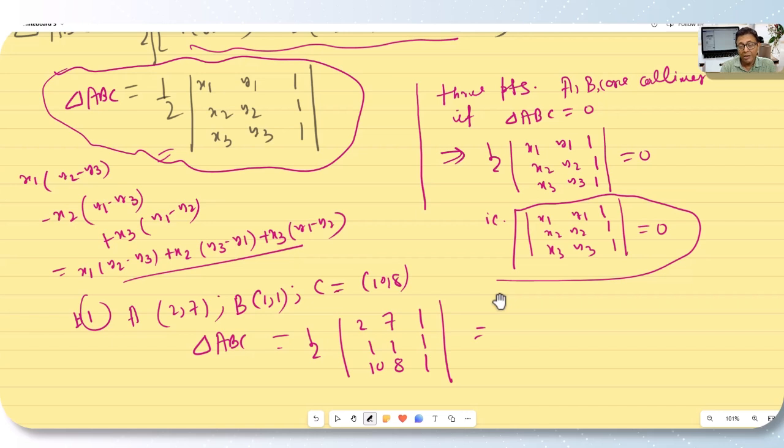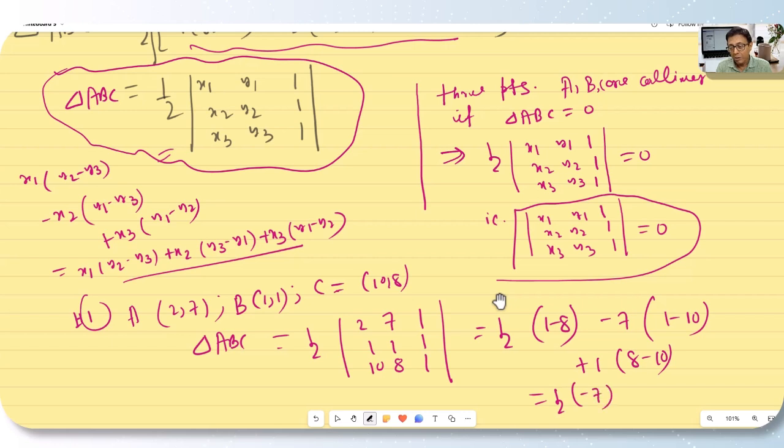This will be half into (1 minus 8) minus 7 into..., I am expanding in terms of the first row, plus 1 into... So this will be half into minus 7.